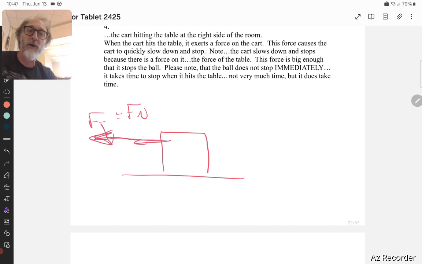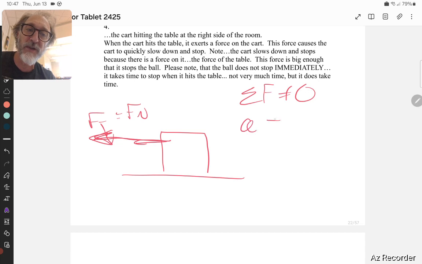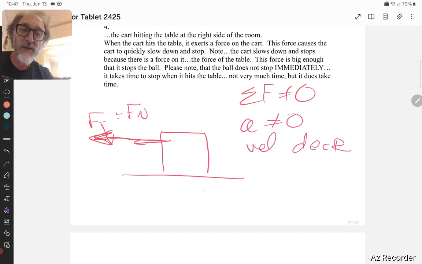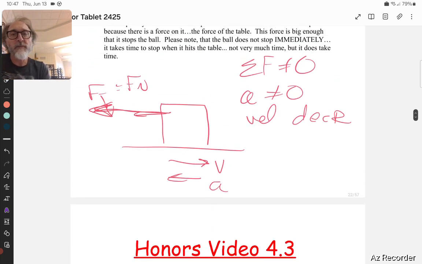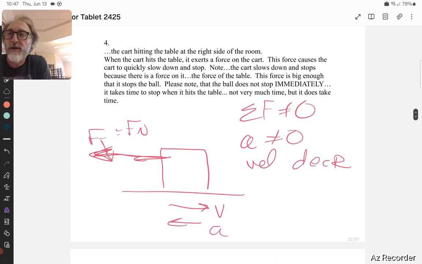And so now my net force is not 0, which means my acceleration is not 0. My velocity decreased because it was moving this way. My net force was to the left, so my acceleration is to the left, causing that velocity to decrease. So that's the deal there.